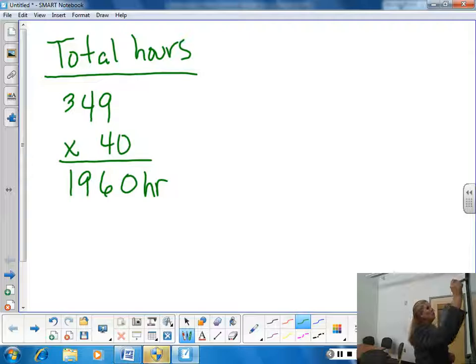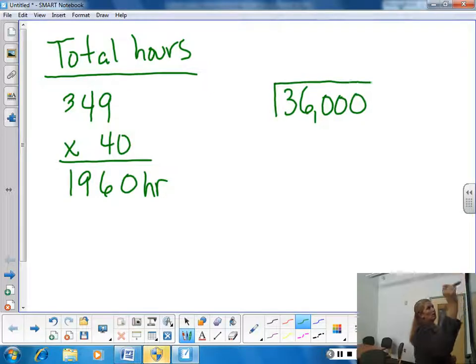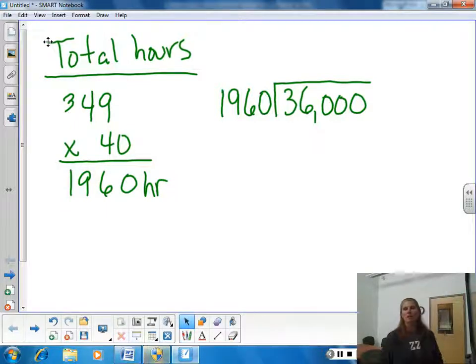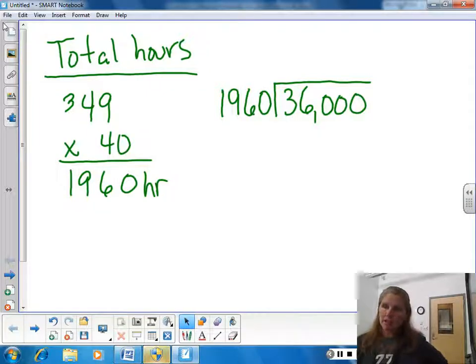So we take 36,000, that's what they said in the problem that the average pay was. And then we divide by 1,960. Okay. So, again, I could count by 1960s, or I could kind of see how it goes.